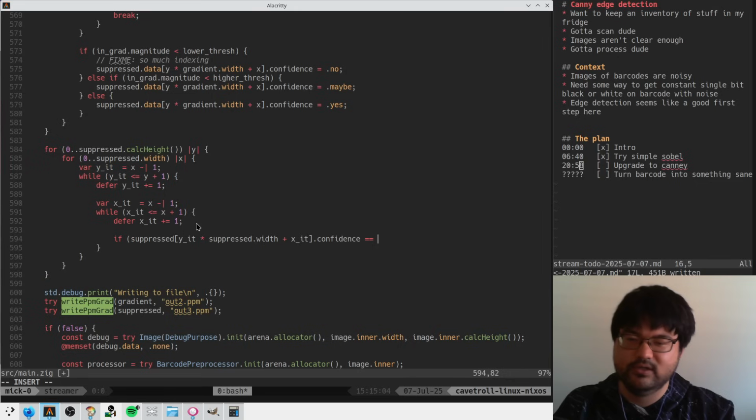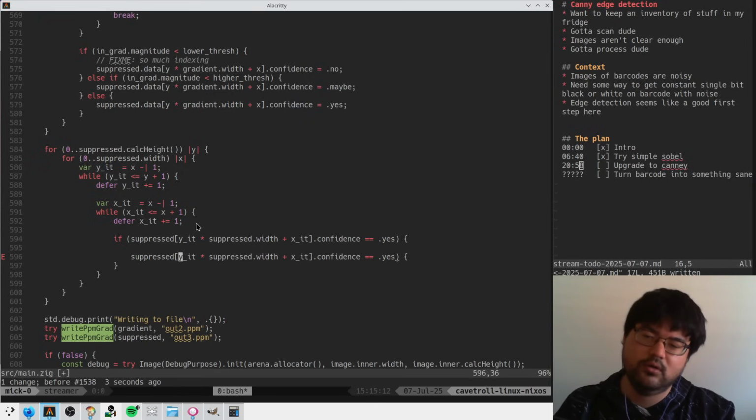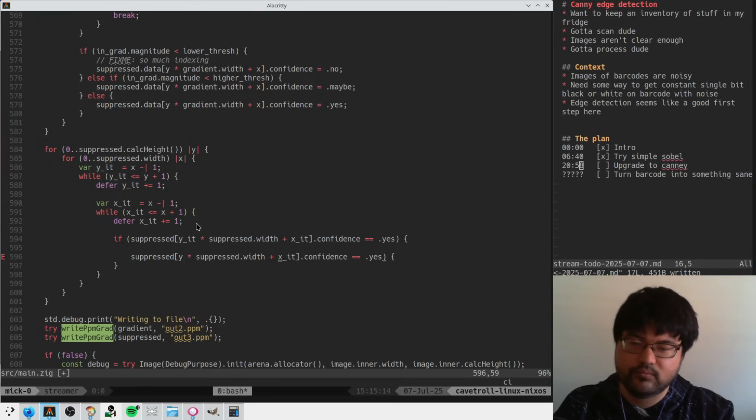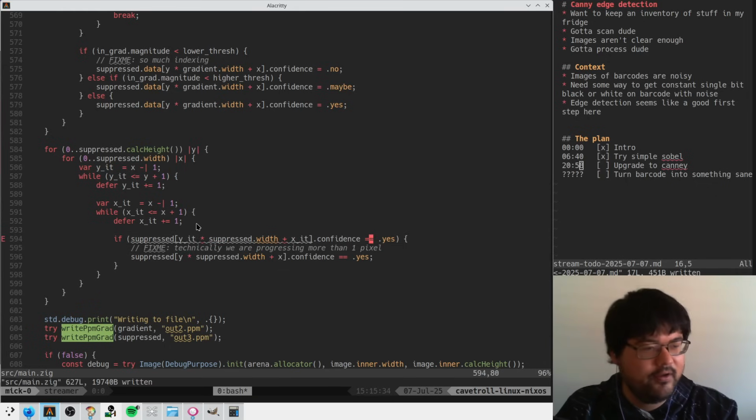Confidence is equal to yes. Our confidence also becomes yes. Technically we are leaking info. We're progressing more than one pixel because we're modifying this thing as we're scanning it. But whatever. Y to defined by x, true.